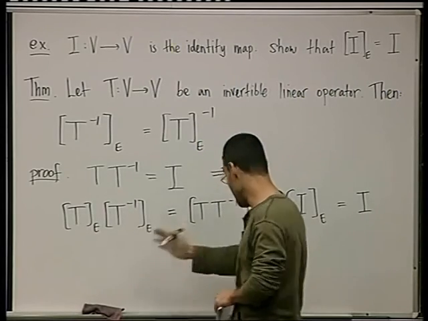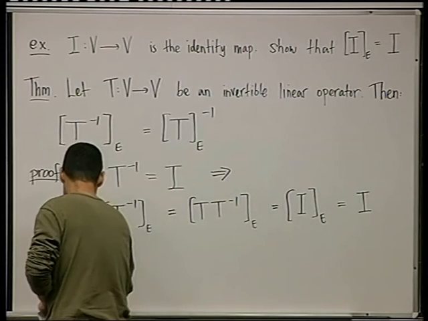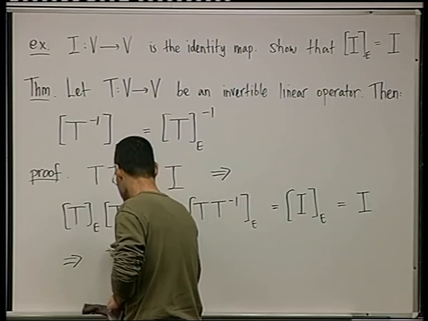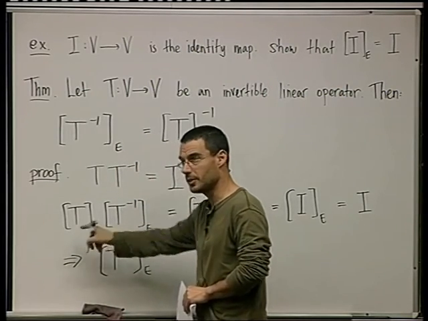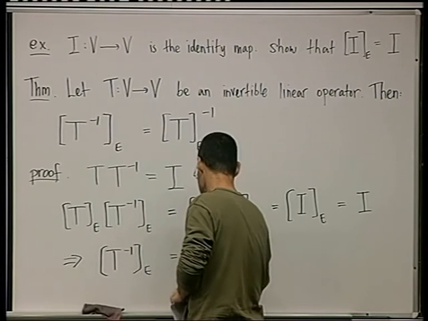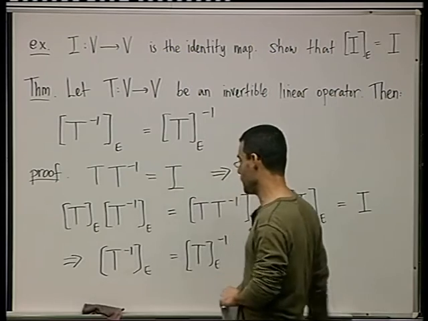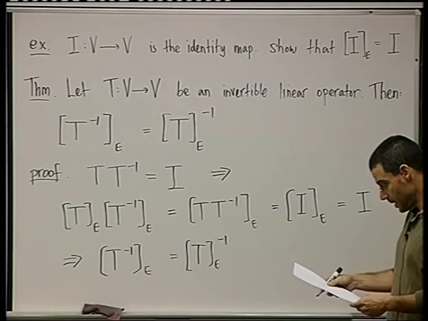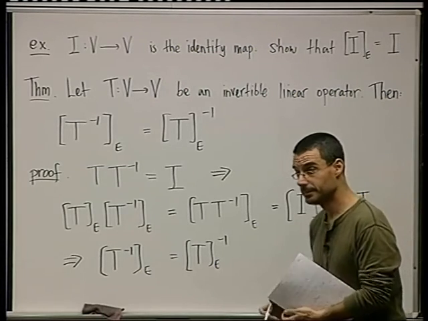That's what it means. Now we're in the world of matrices. So therefore, this matrix, the matrix of T inverse with respect to E, is the inverse matrix of the matrix of T with respect to E. And that's what we wanted to show. Good? Okay. Questions?